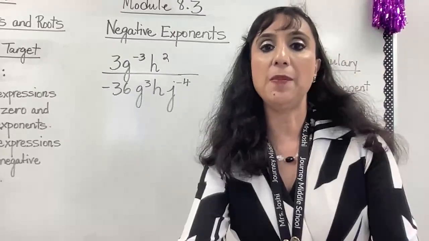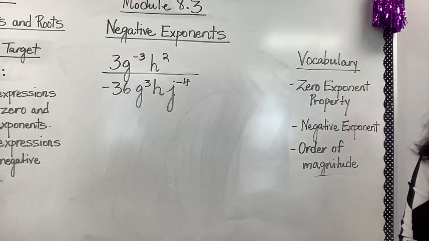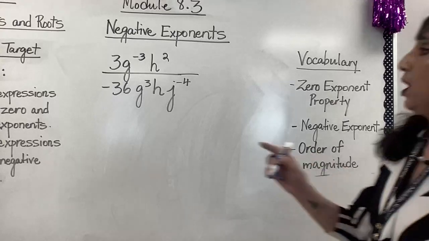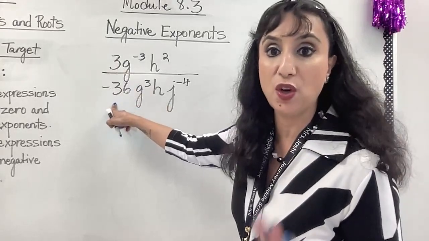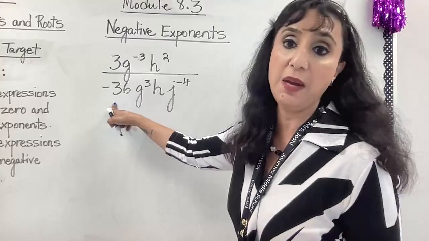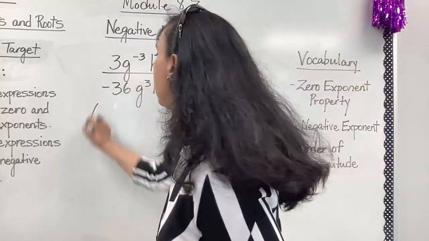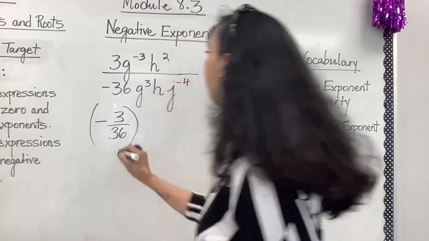So here's another problem, and we are going to group the powers once again with the same base. So here I have 3 and 36. Those are the coefficients. I'm going to group the coefficients together and then the same bases together. And so since it's 3 over negative 36, I'm going to say negative 3 over 36.